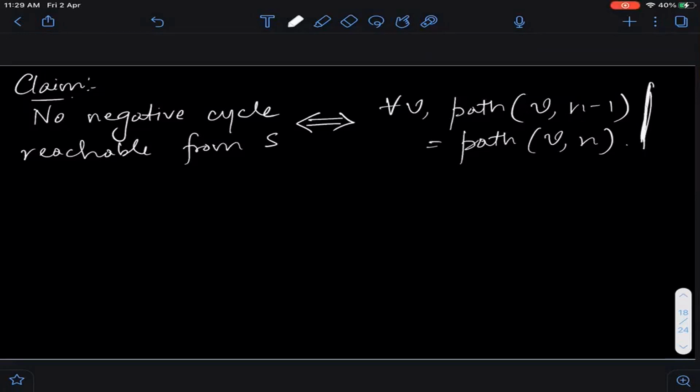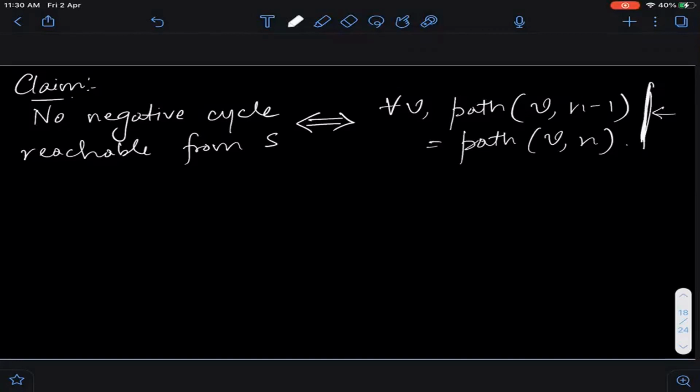Because remember, I am outputting something for both the conditions. If I find this condition to be false for some vertex, I am confidently saying that there is a negative cycle. And if this is true for all vertices, I am confidently saying that there cannot be a negative cycle. That needs a proof. That's not clear at all.